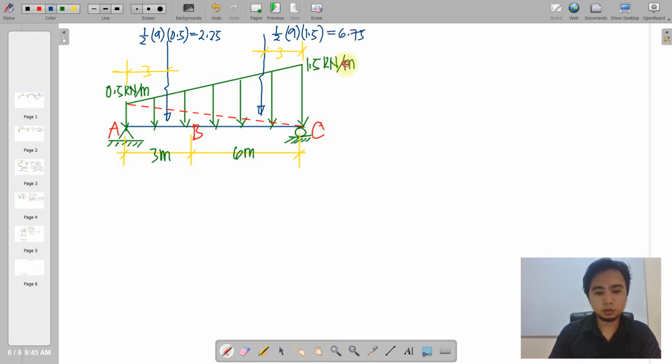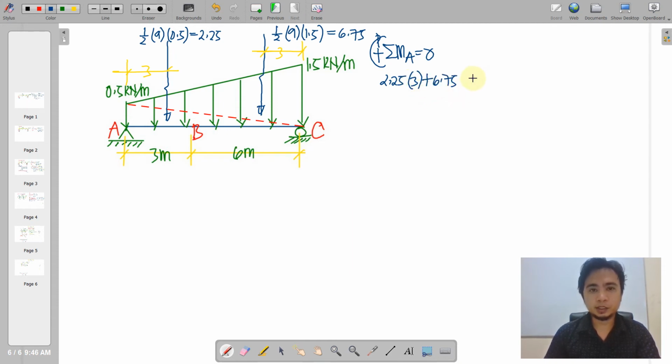So similarly, we have here 1/2 base times height. This is equal to 6.75. So we take moments at support A to solve for RC. We have a clockwise 2.25 times 3 plus 6.75 times the excess of 3 from 9 is, of course, 6.